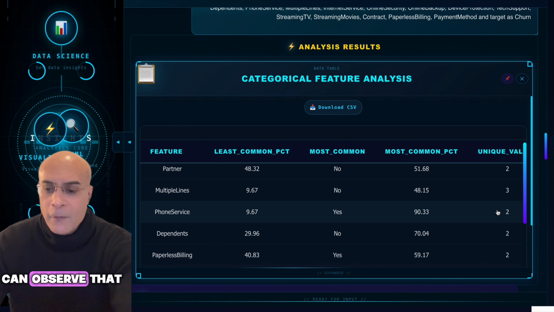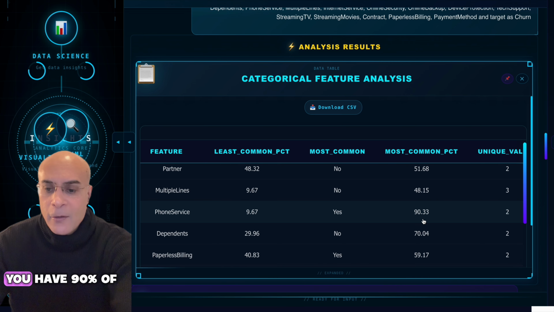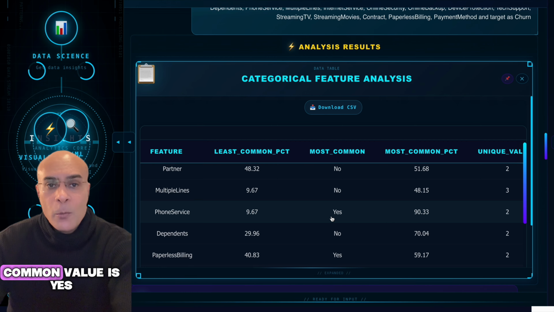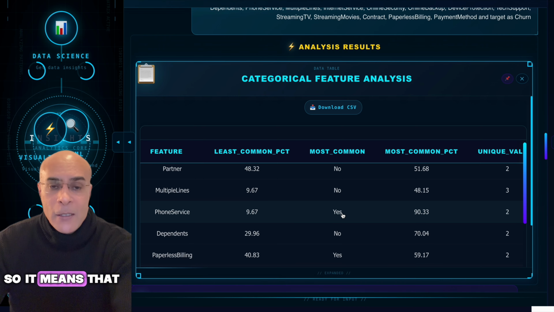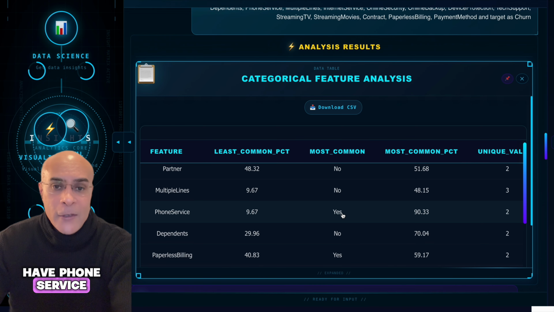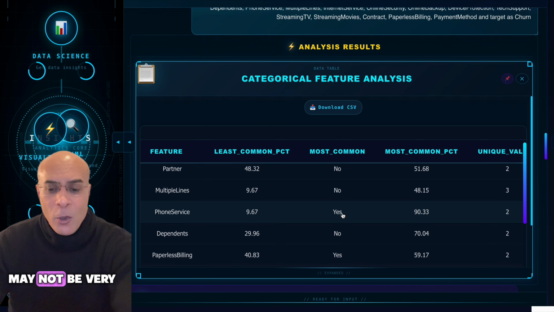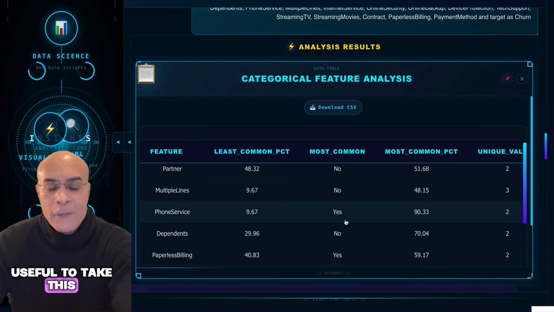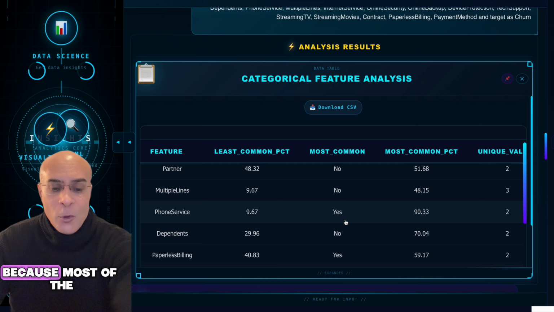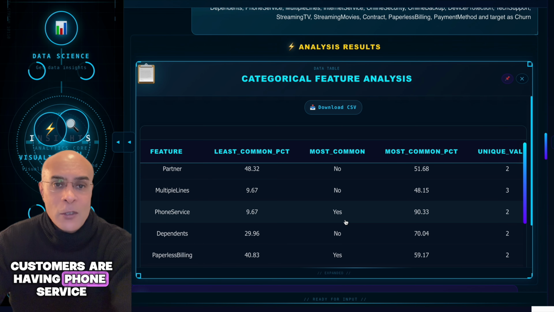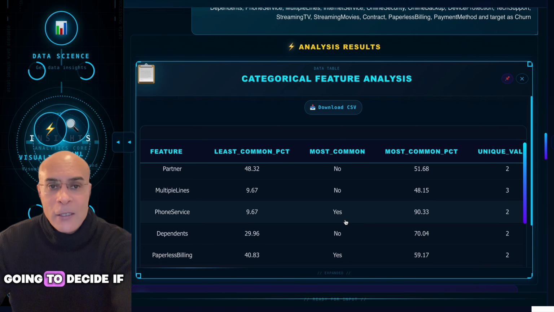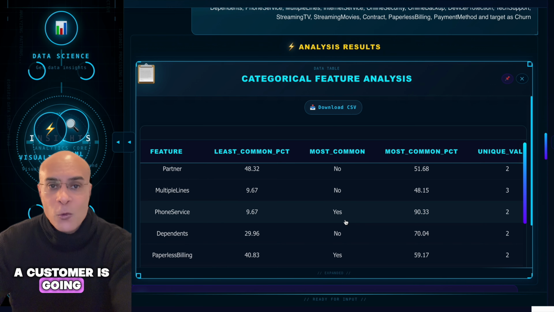But you can observe that for phone service, 90% of the time the most common value is yes. So it means that most of the customers have phone service, and it may not be very useful to take this feature for target prediction, because most of the customers are having phone service and it is not going to decide if a customer is going to churn or not.